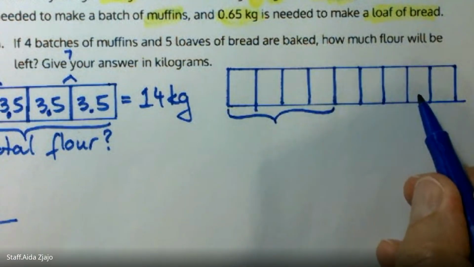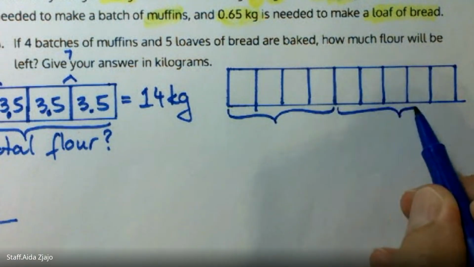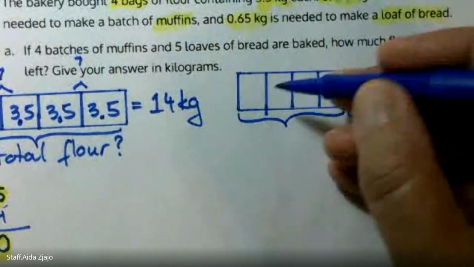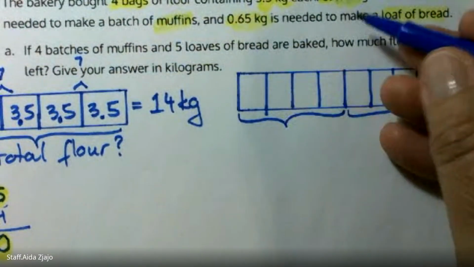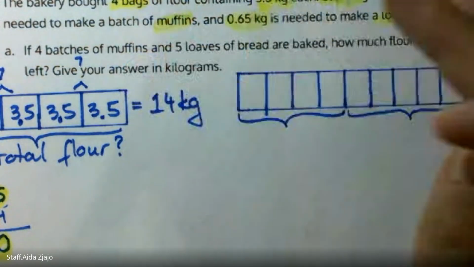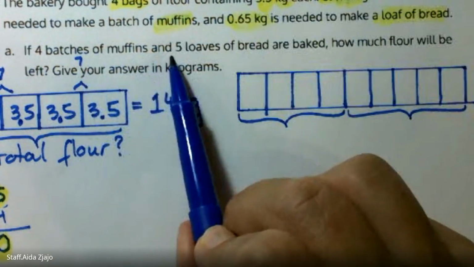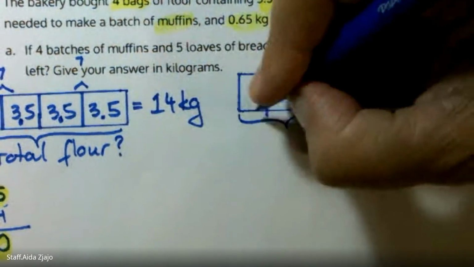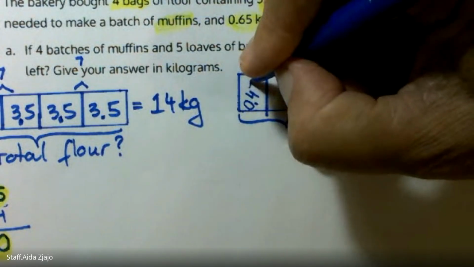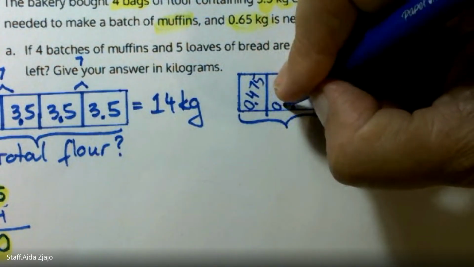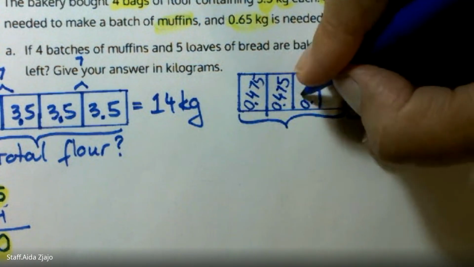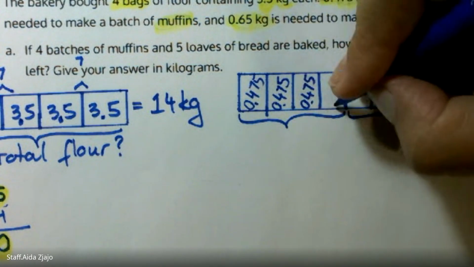Once again, each of these is 0.475 for muffins.